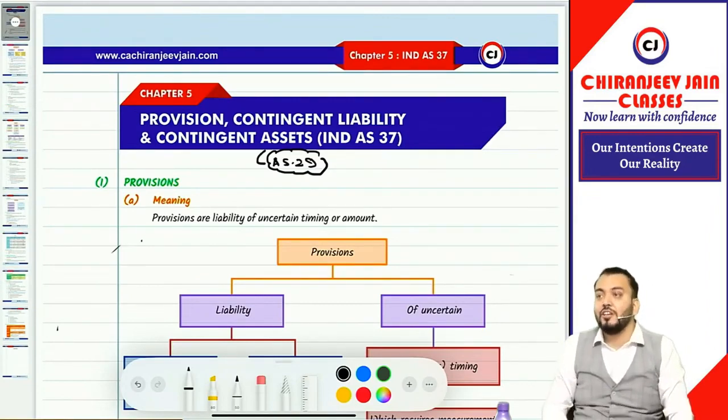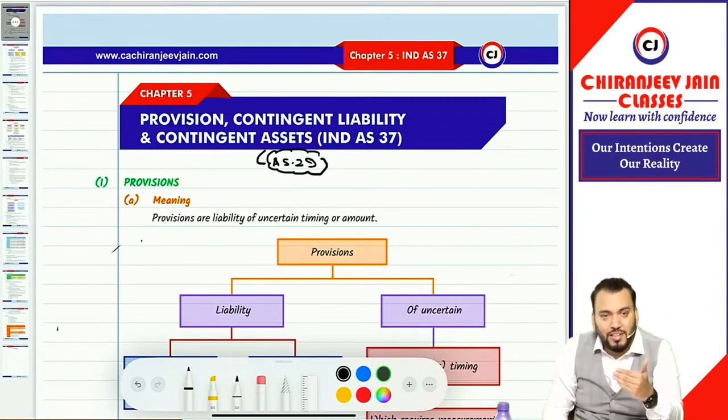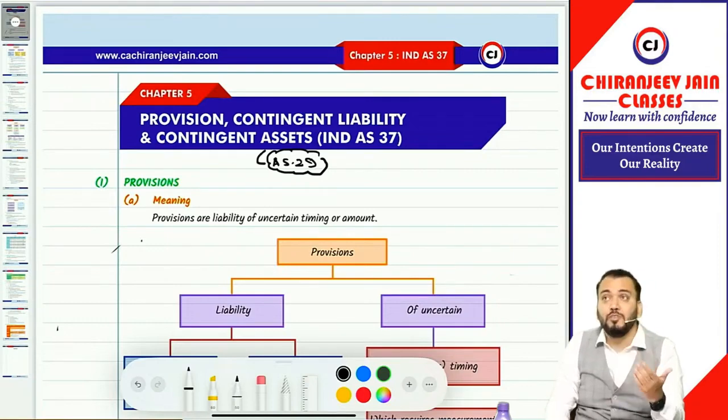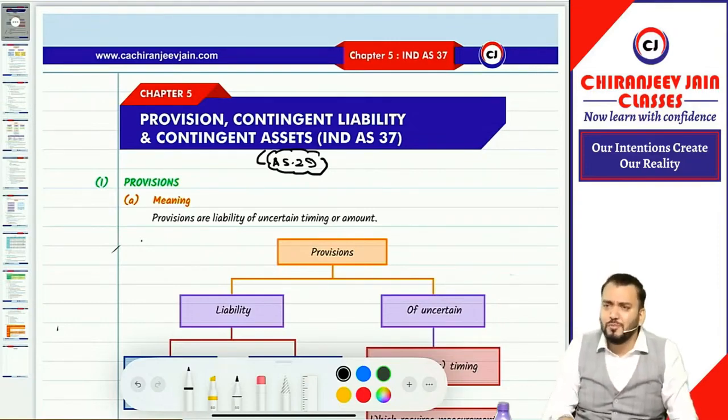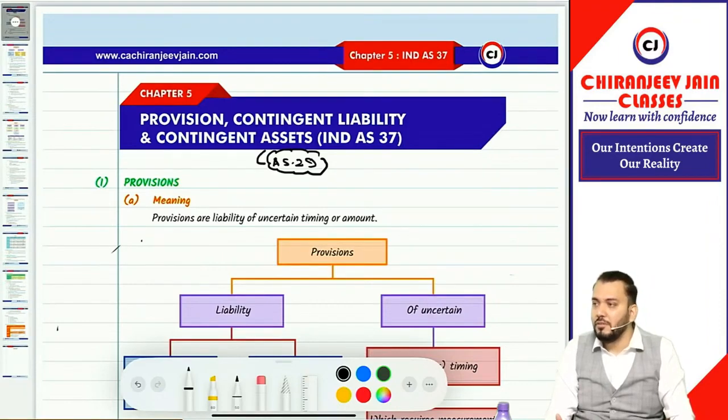Let me now discuss what actually is the meaning of provision, contingent liabilities, and what actually is the difference between provision and contingent liability. One more question I ask you: whether provision for doubtful debt is a provision. Yes or no? So you are asking that type of question, it means no only.